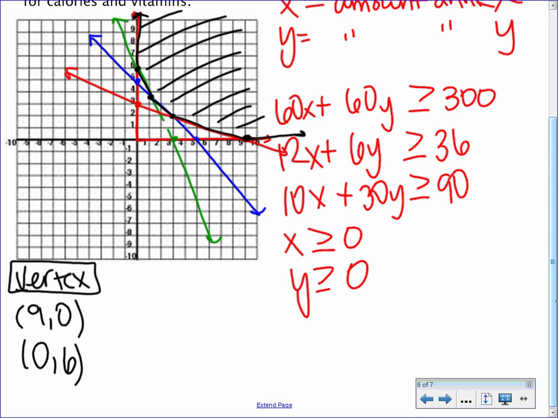I should say this was blue, this was green, and this was red. So this is where our blue line, 60x plus 60y equals 300, and 10x plus 30y equals 90 intersect.